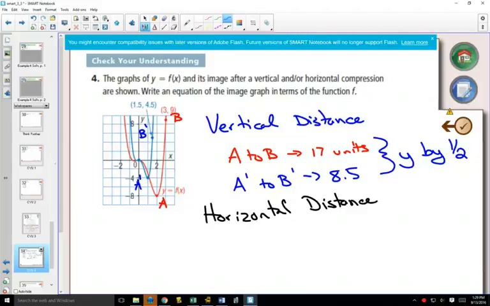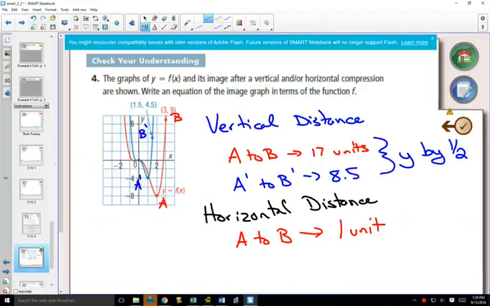We'll look at the same thing with our horizontal distances. If we look at A to B, we go from 2 to 3. That's only 1 unit.